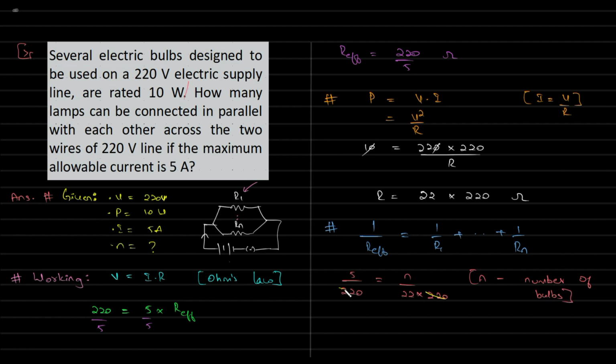So 220 gets cancelled. N is equal to 110. That is your answer. Does it make sense?